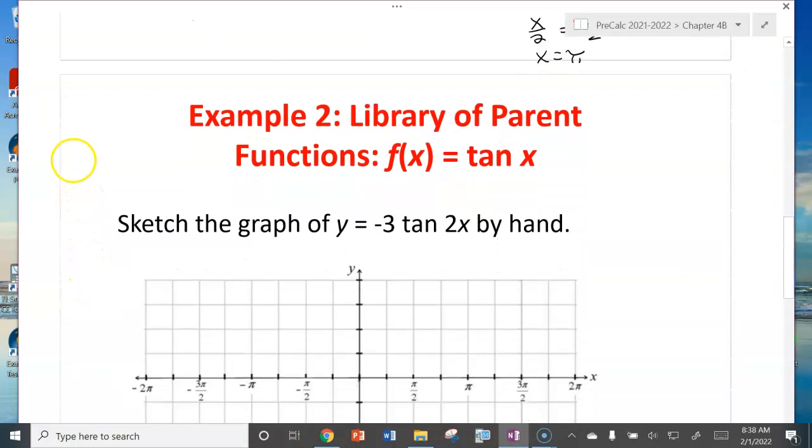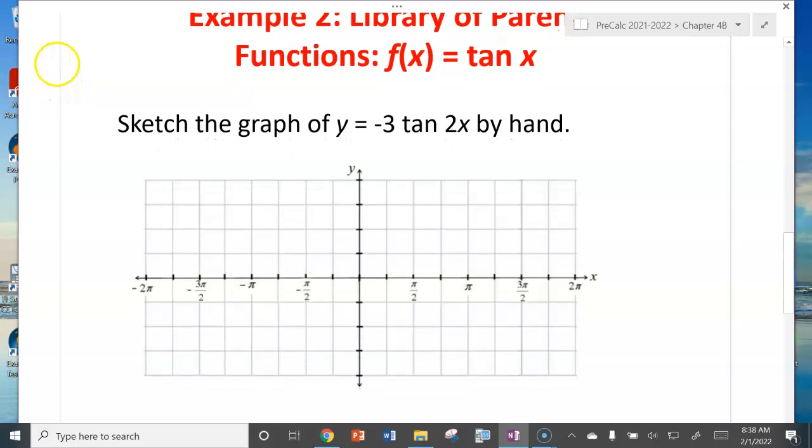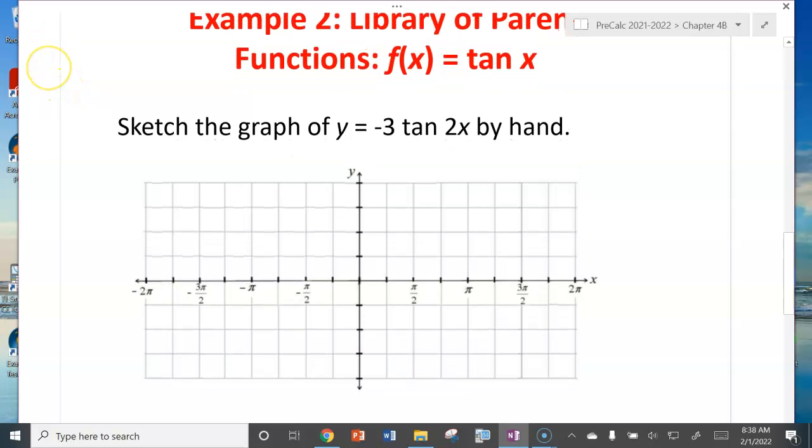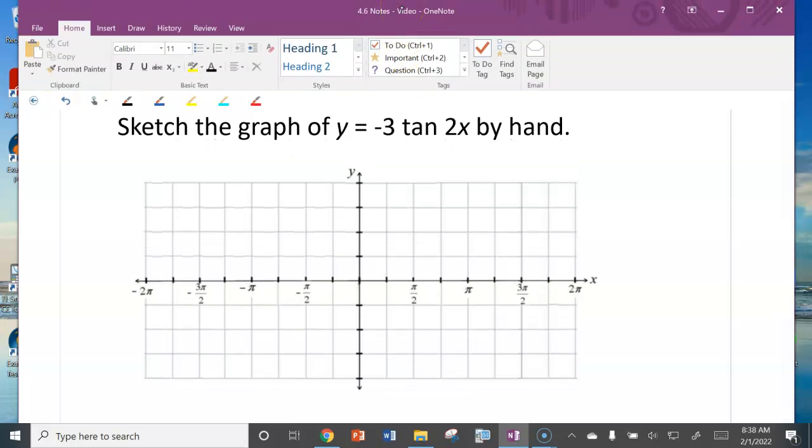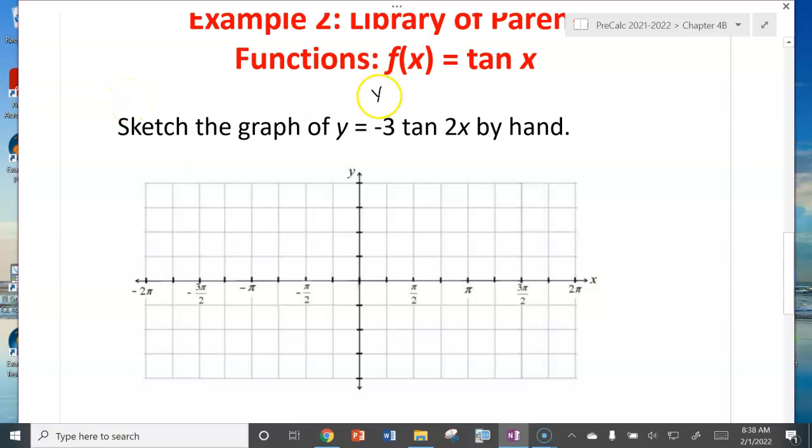Next up is going to be 3 tangent of 2x. We're going to graph that one by hand. So think of it as a parent function: d plus a tangent of bx minus c.